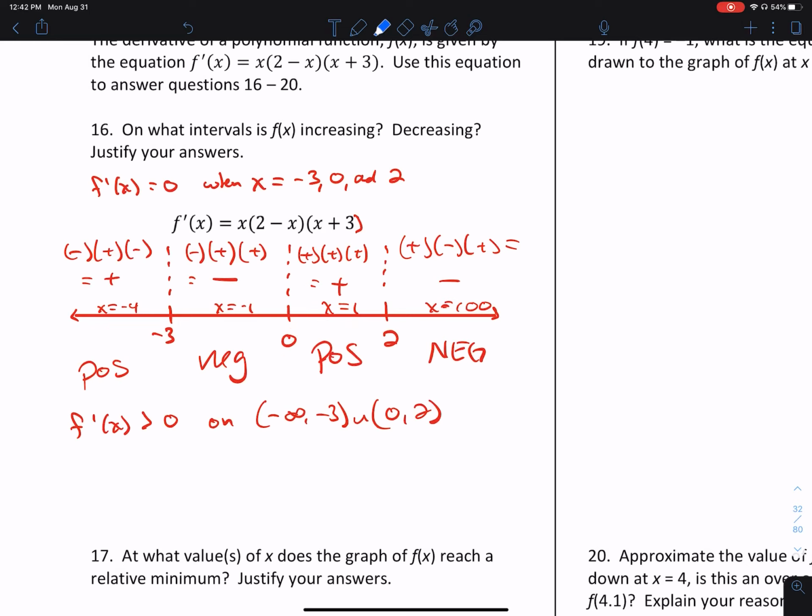The conclusion that I can form from this is that f of x is increasing on these intervals, or I can repeat these intervals. I'm just going to say on these intervals.